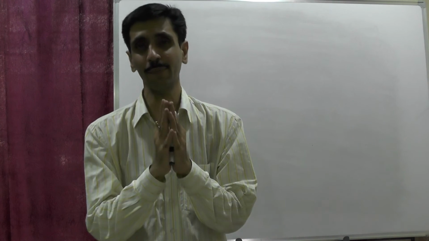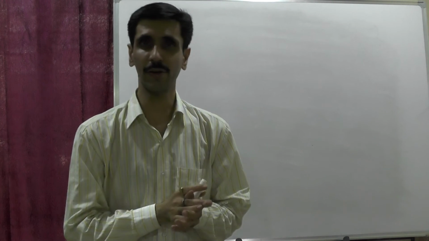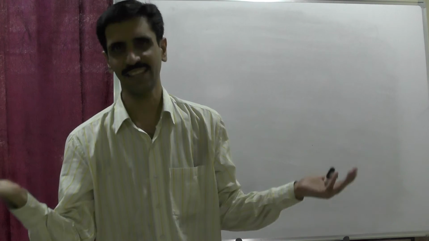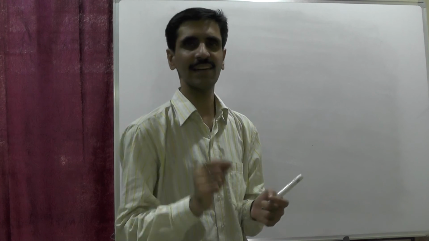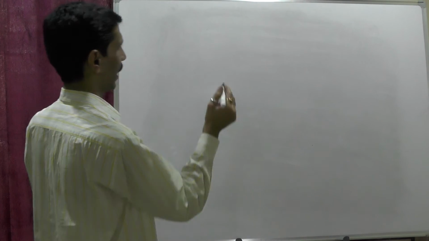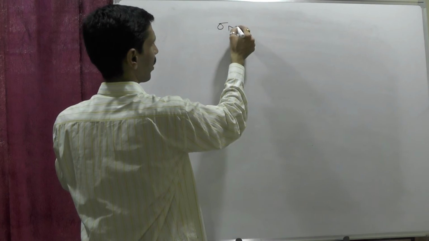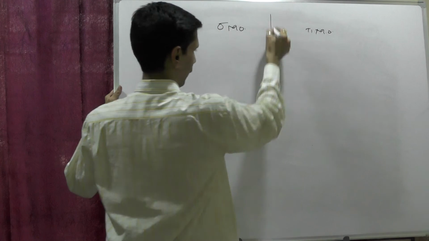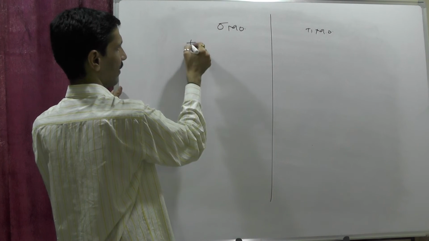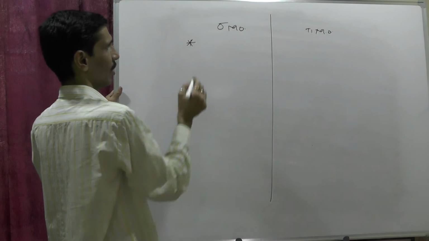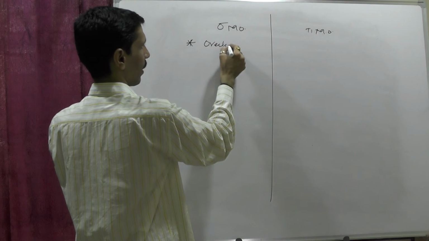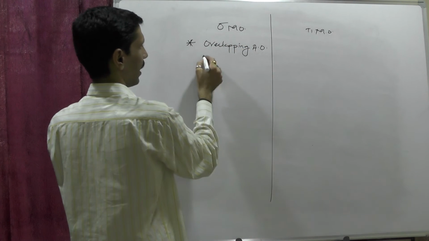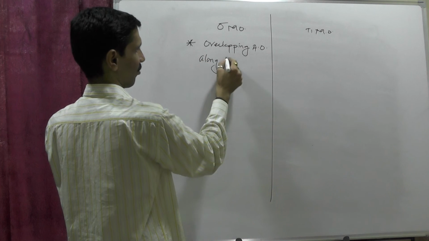On that basis there are two types of molecular orbitals which you have already heard about: sigma and pi. Let us briefly discuss these two types. We have sigma molecular orbital and pi molecular orbital. Just important points I'm going to mention. The first point: in the sigma case, the overlapping atomic orbitals are along the internuclear axis.